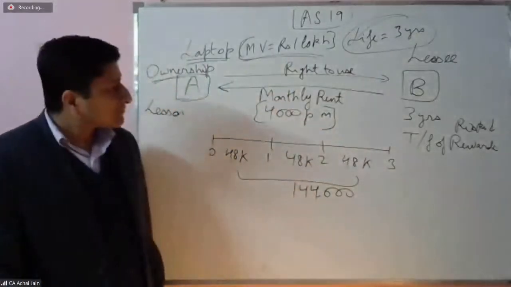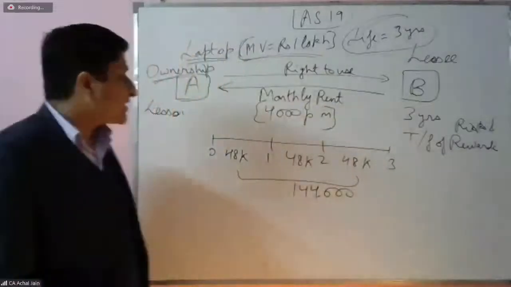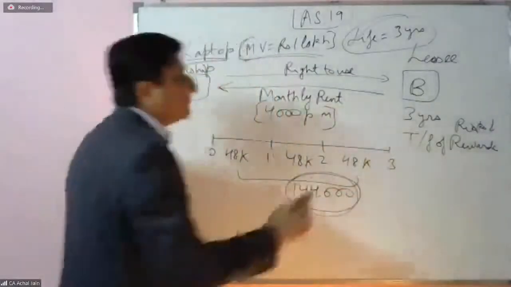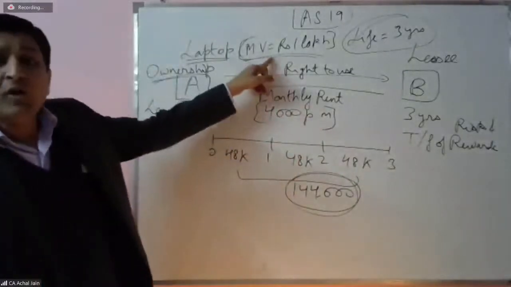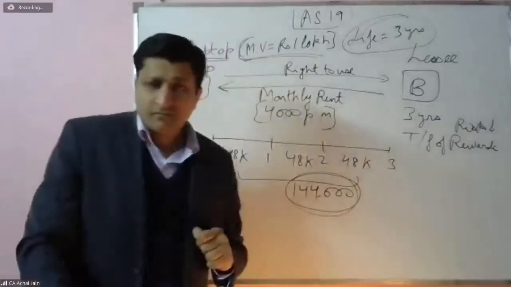Correct? At the same time, we can also see that B ended up making more payment as compared to what it would have done if B would have made the payment upfront.